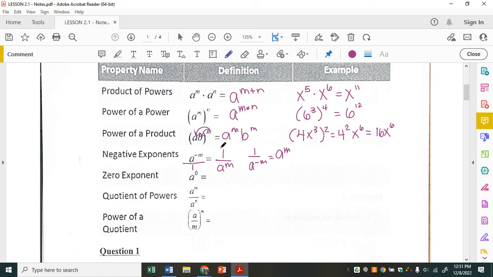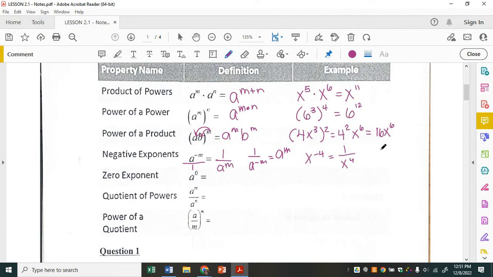I always need it on the top if I'm moving, but I don't necessarily need it on the bottom. Okay, does that make sense? Yeah, okay. So if I had x to the negative 4th, that would become 1 over x to the positive 4th power. Can we see? Do we need me to zoom in? Okay.